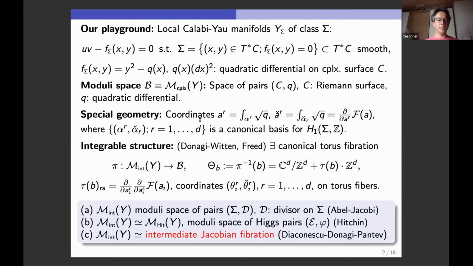This immediately comes with some important geometric structures, which come almost for free by this very description I gave.